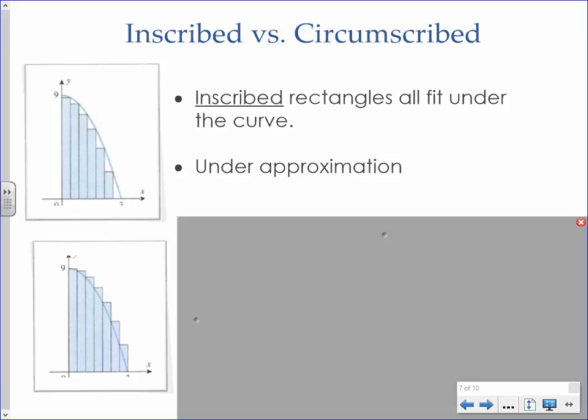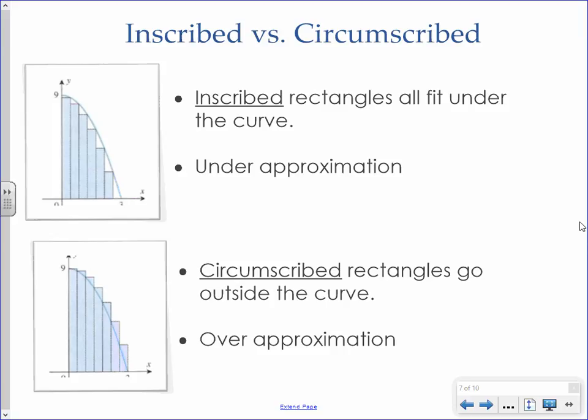Now, this second example is what we call circumscribed rectangles. They are on the outside of the curve. They are over approximations for the area. Since this curve is decreasing, the left endpoints were giving us an over approximation. The example that we did on your foldable, our function was increasing, which means the right side endpoints were giving us the over approximation.